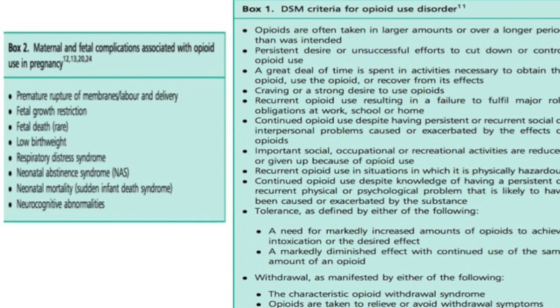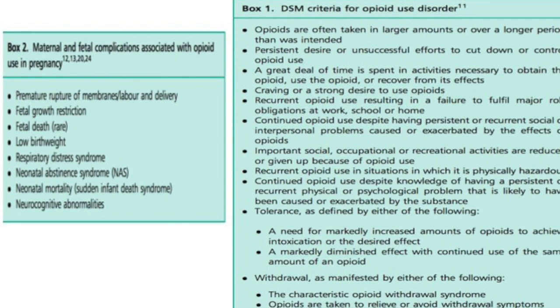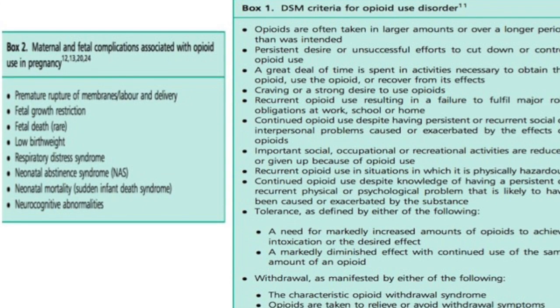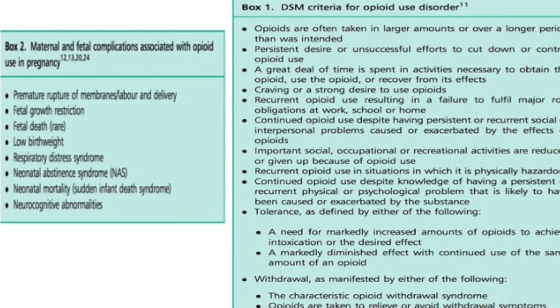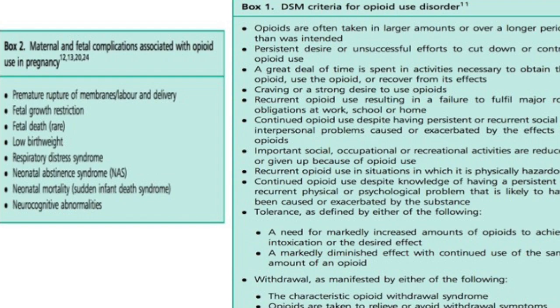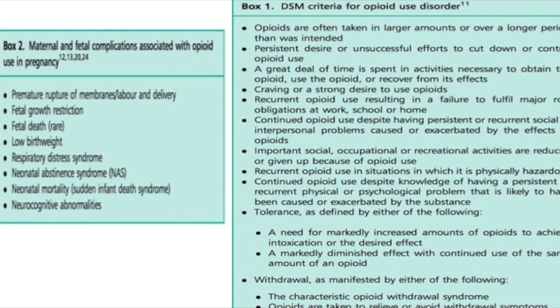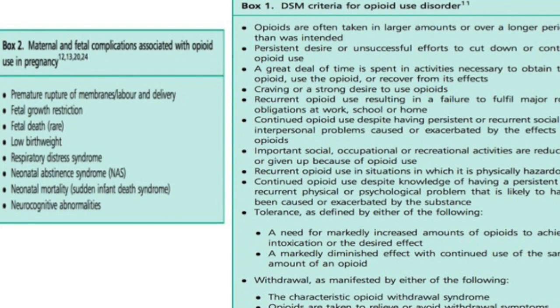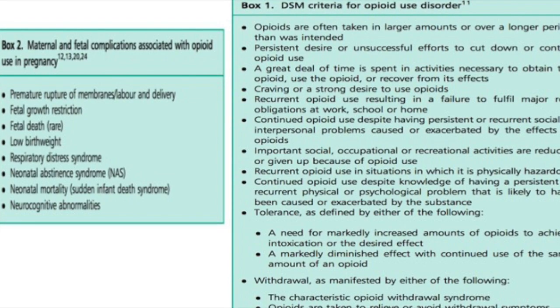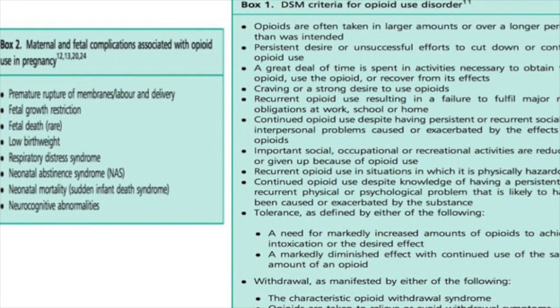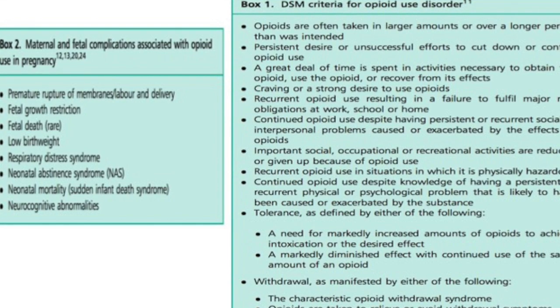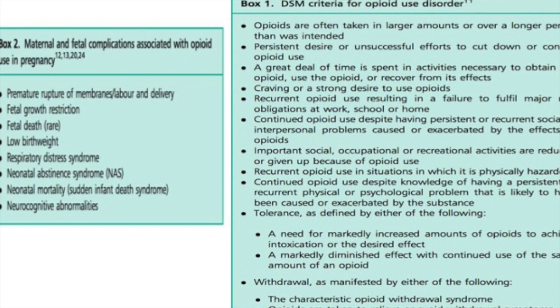Continued opioid use despite knowledge of having a persistent or recurrent physical or psychological problem that is likely to have been caused or exacerbated by the substance. Tolerance as defined by either of the following: a need for markedly increased amounts of opioids to achieve intoxication or the desired effect, or a markedly diminished effect with continuous use of the same amount of an opioid.